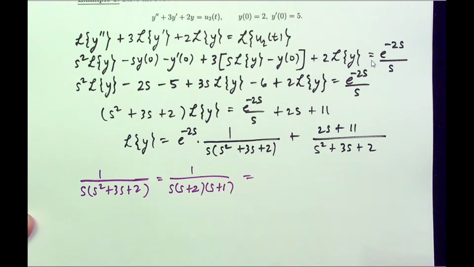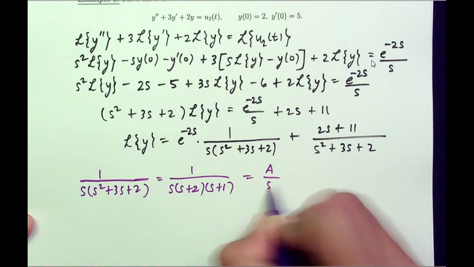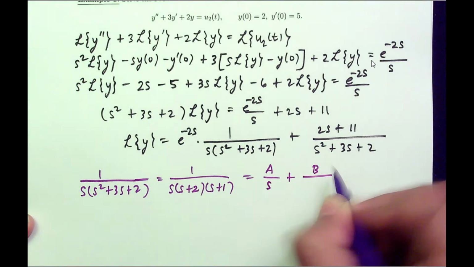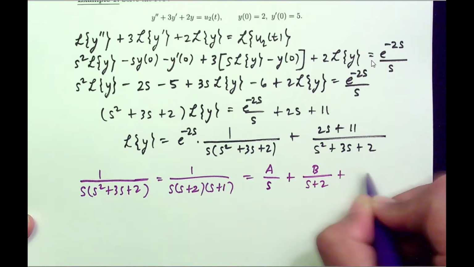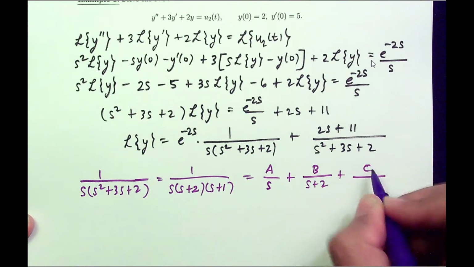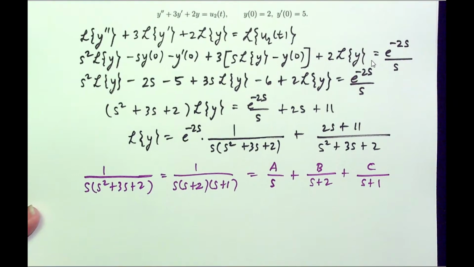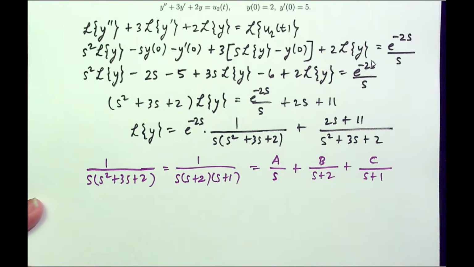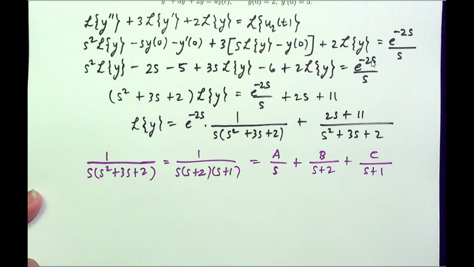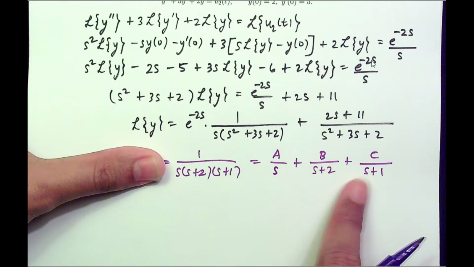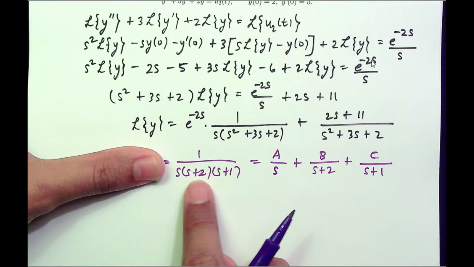And then, because of that factorization, this breaks up into 3 terms, a over s plus b over s plus 2 plus c over s plus 1. Okay, now let's use the Heaviside cover-up method. We multiply, so we can ignore this part now. We're going to multiply both sides of this by this denominator.